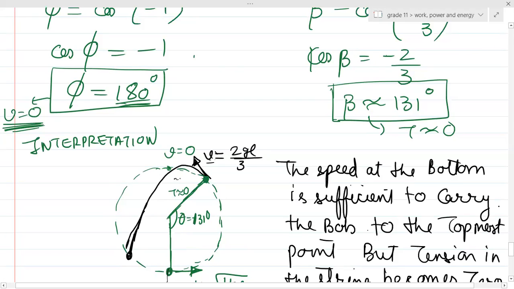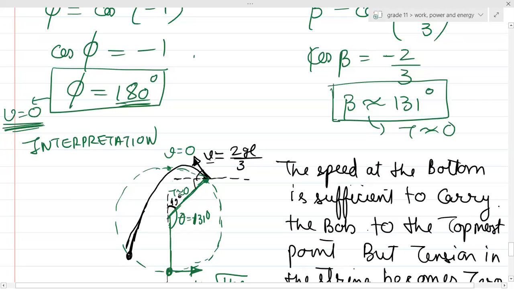Okay, and also you can find out this angle as well. If this theta is 131 degrees, then what is this angle? What is this angle, guys? So 49 degrees. If this is 49, then this is 90 minus 49, and that will be 41.